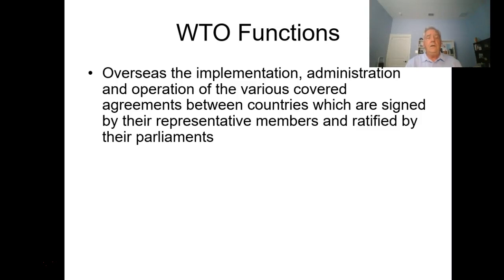And they are kept on file with the World Trade Organization. And if there is a problem or a conflict with that agreement, the World Trade Organization can step in and rule in favor of or against one or other countries. So they are the keeper of all of these agreements, and they are responsible for mitigating or arbitrating any conflicts that arise as a result of trade agreements. We're going through one now with NAFTA.